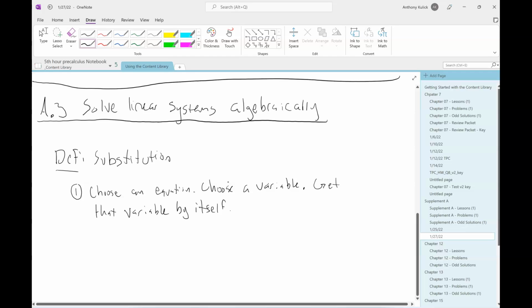So that's our first step. In the second step, and maybe I'll say this then, it creates a new equation.